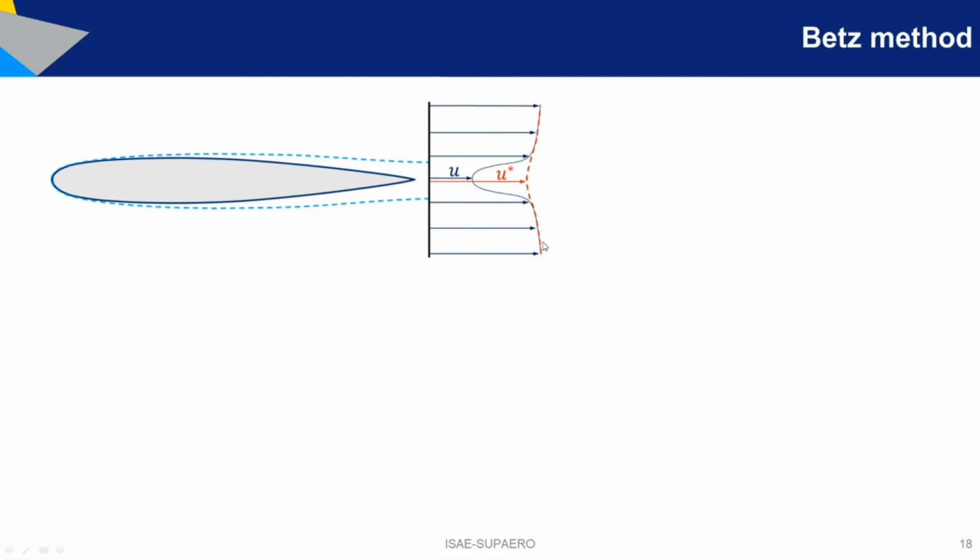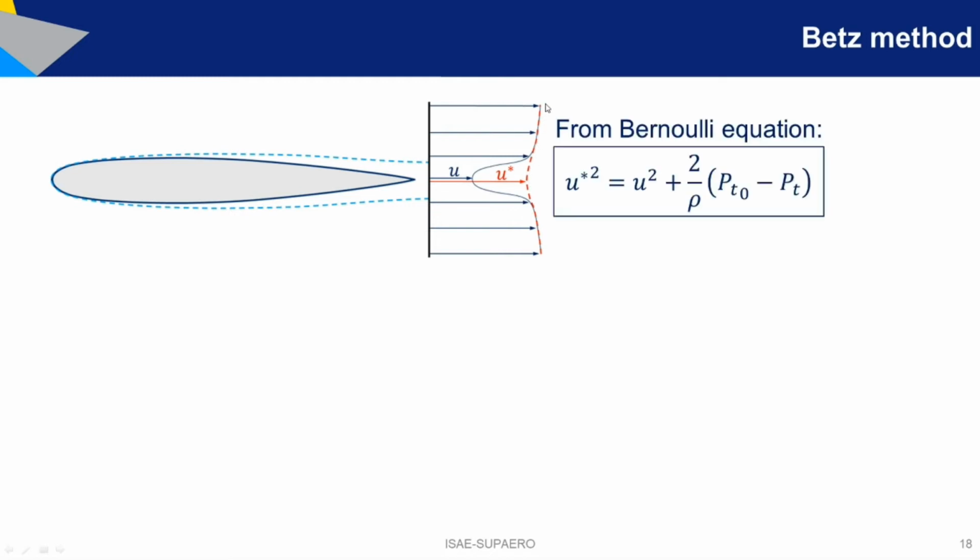So the idea behind the Betz method is that he wants to compute the U star value, that is the isentropic velocity, that is the distribution of velocity if no losses were involved. How did he manage to compute that? Well, he proposed this expression that was obtained from the Bernoulli equation. If you remember, Bernoulli equation considers an isentropic flow where no losses are involved.